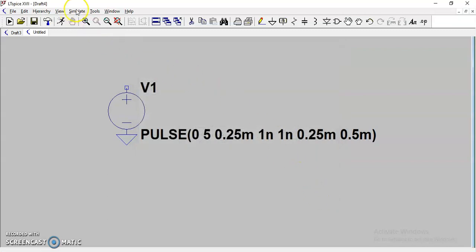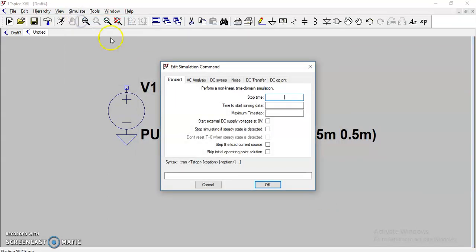Now here go to simulate, run this one, and you need to provide the stop time. It will define where you want to stop this waveform. So let us take the time as 0.8 millisecond.